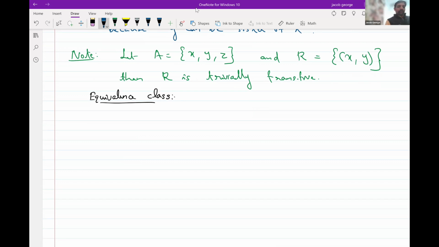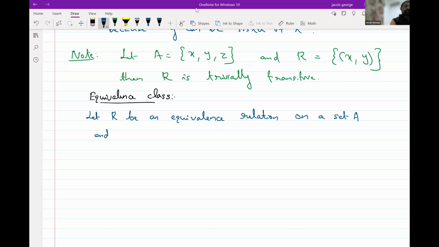Let capital R be an equivalence relation on a set A, and let small letter a be an element of capital A.